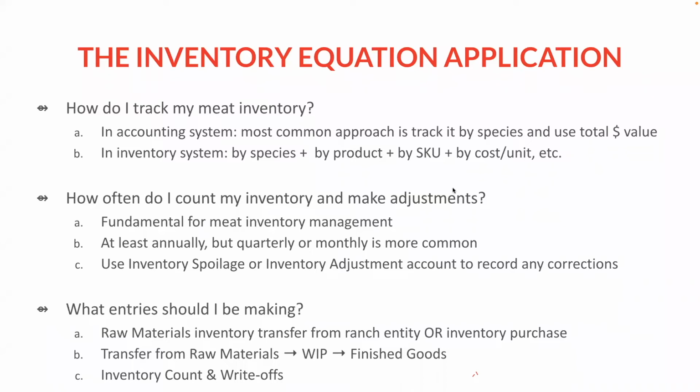But in your inventory system, you are most likely going to be splitting it further down to a SKU level, for example, or a cut style. That's another one that we see. And also weights or counts. So instead of just having a total dollar, in beef you would say, I actually have 1,000 of 1.5 pound steak packages.